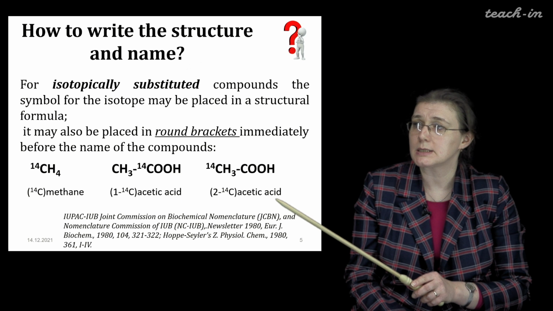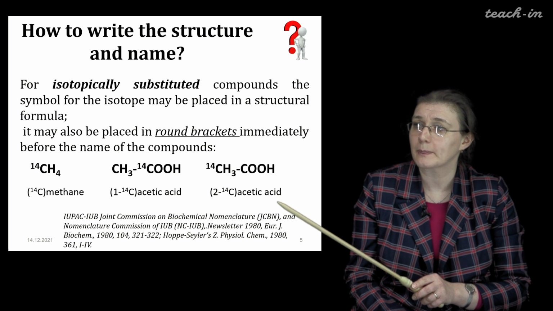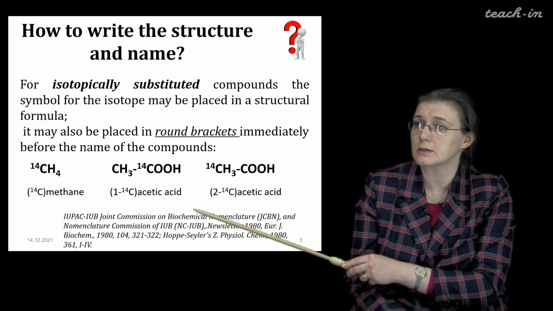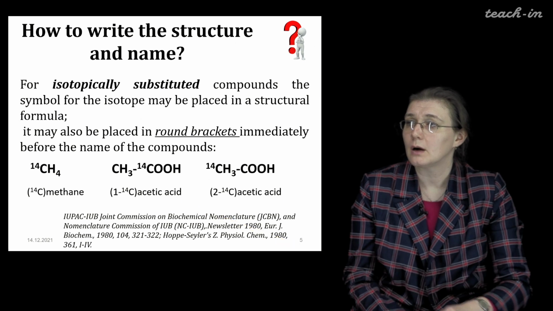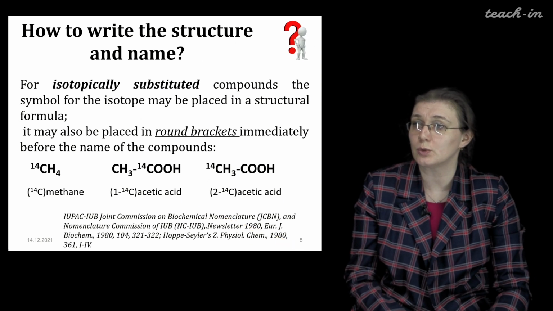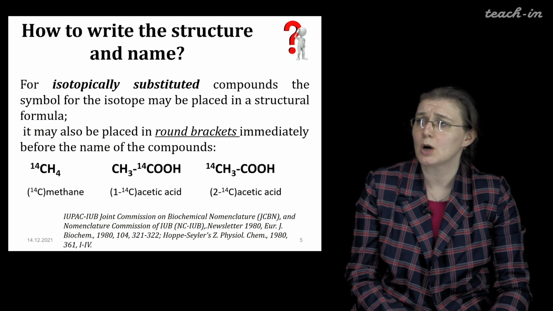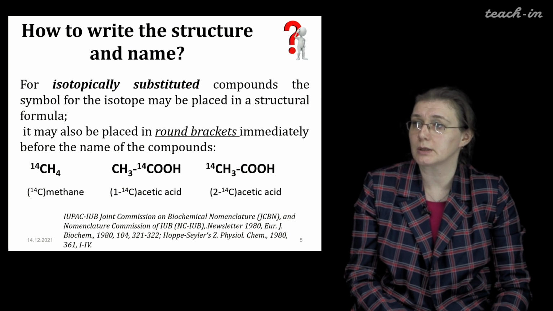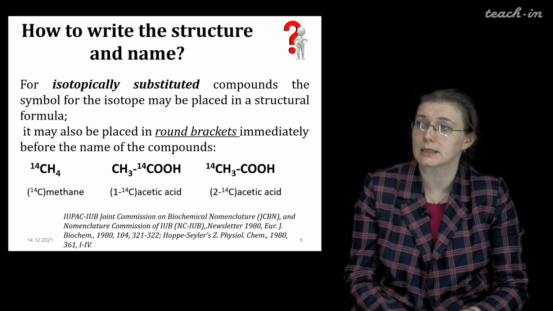And here are some examples. For example, C14 labeled methane, and in the name, which is written below, the position of the isotope is identified in the round brackets. In this case, since we know the exact position, we also should put it in the round brackets. For example, 1 C14 labeled acetic acid or 2 C14 acetic acid.